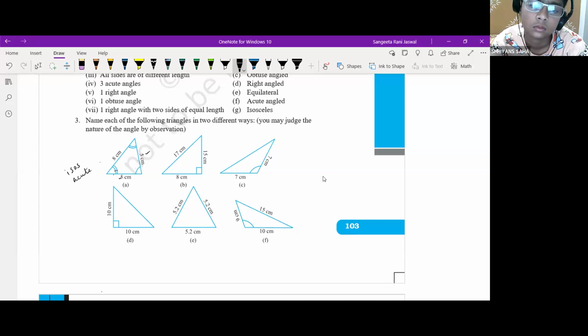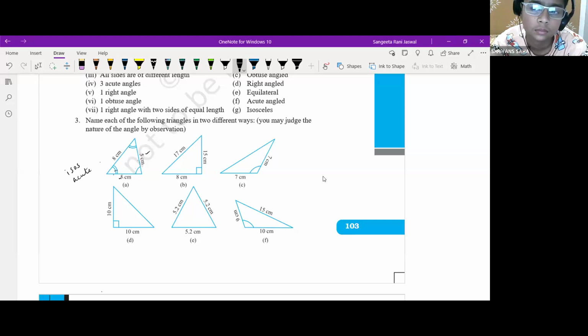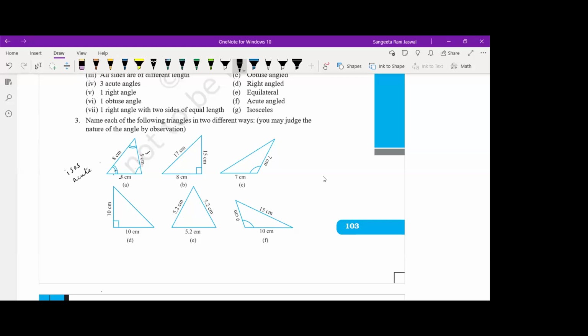Similarly, you can try for this one. One angle you can see it's 90 degrees and the rest of the sides just check out. What can you say? Yes, it's scalene also and it's right angle also, right? Yes, ma'am. Okay, next one. Isosceles and obtuse angle.